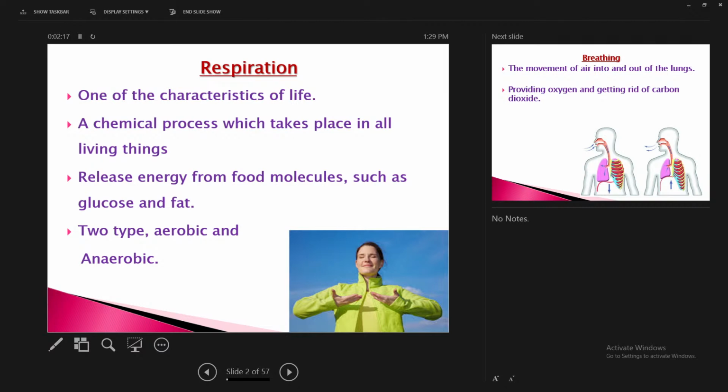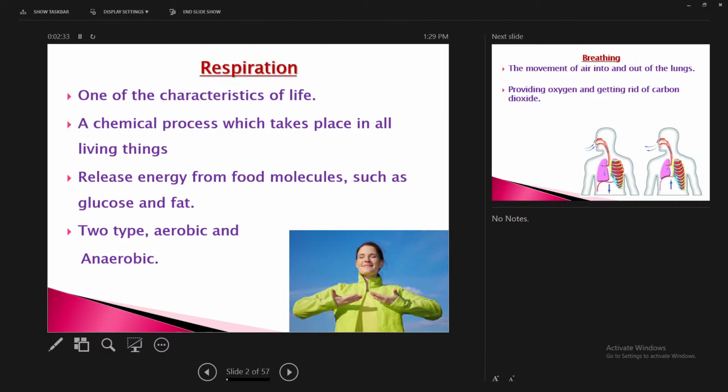So let's say, for example, your body needs some energy to move from point A to point B. Respiration is the process that allows your body cells and body parts to get that energy.